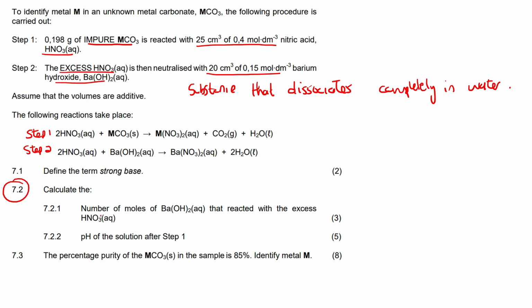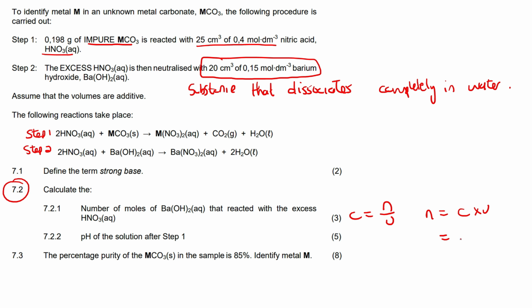Okay, now 7.2. Calculate the number of moles of barium hydroxide that reacted with the excess HNO3. Well, it's easy. They've given us all the information over there for barium hydroxide, and so we're just going to use C equals n over V, and we're going to get the moles by itself, so n equals C times V, and so that's going to be concentration of 0.15.